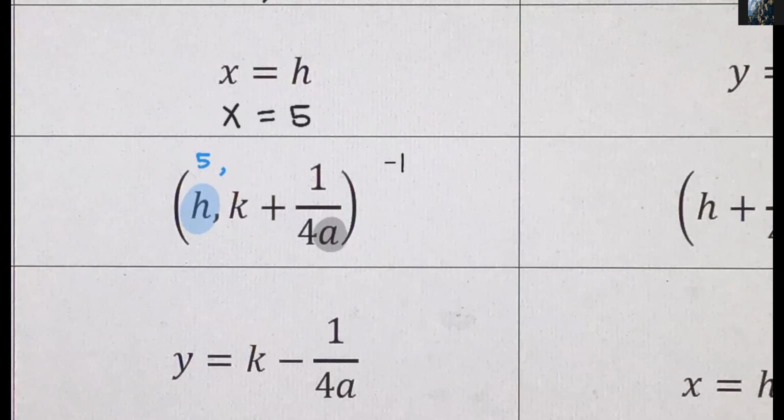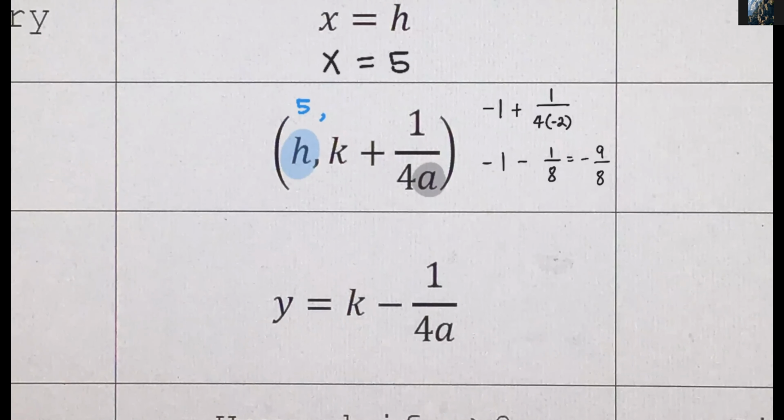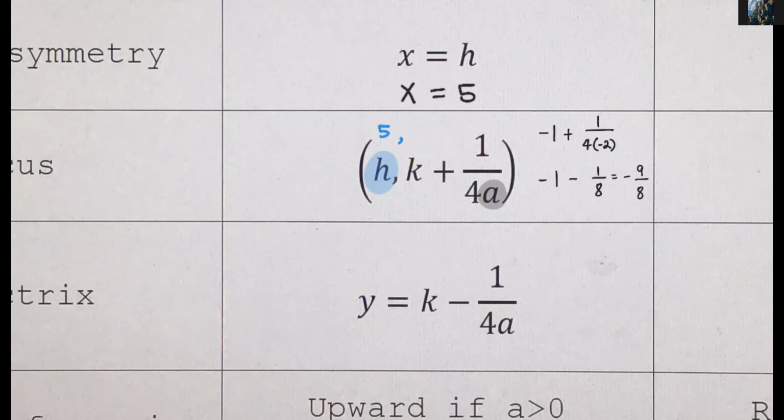K will be -1 + 1/(4 × -2). In this case, I end up with -1 - 1/8, so this will be -9/8. That means that my focus will be found at (5, -9/8).